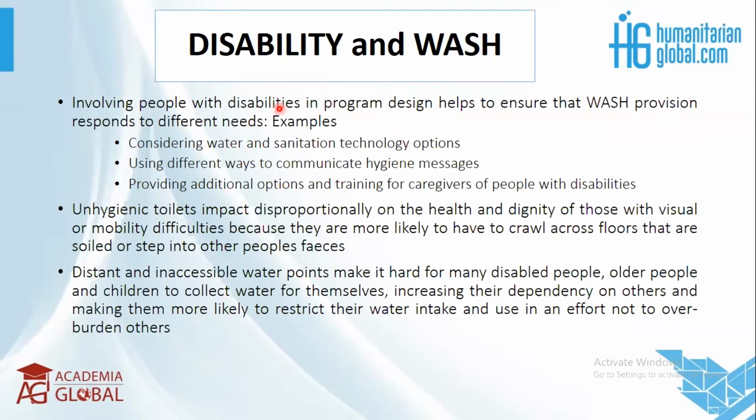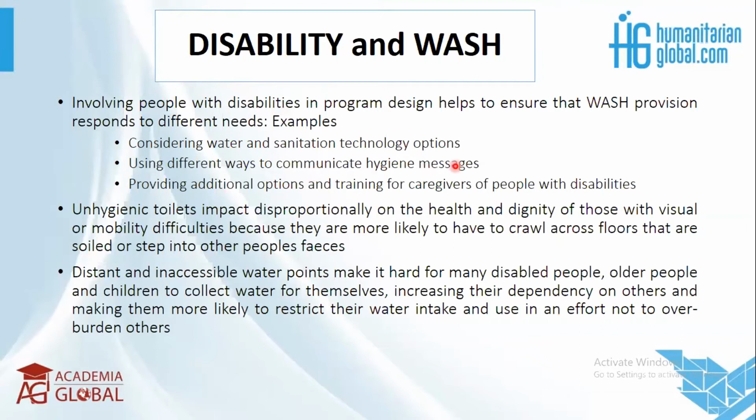For example, when you involve people with disabilities in your program design, you might be able to consider water and sanitation technology options, and we'll be looking at some of the options that are really disability conscious in our talk today. It also ensures that you're using different ways to communicate hygiene messages.